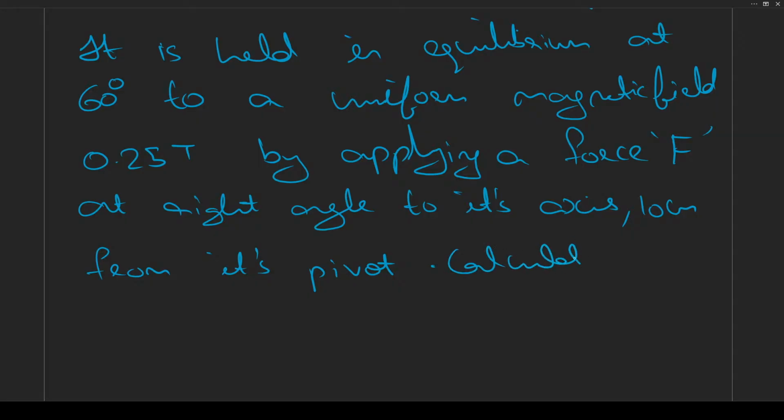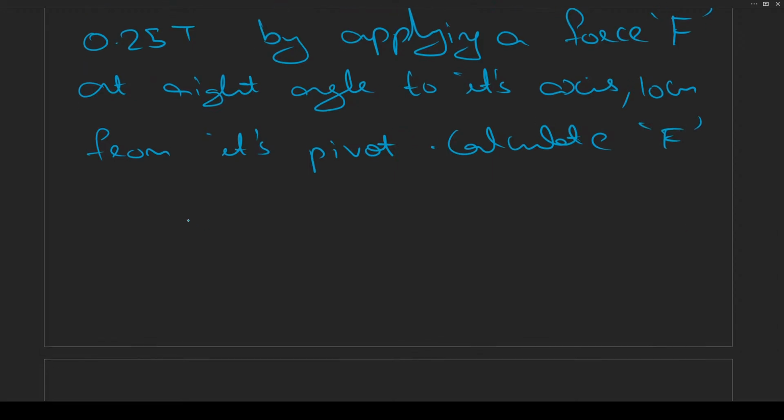Calculate F, and what will happen if F is removed.